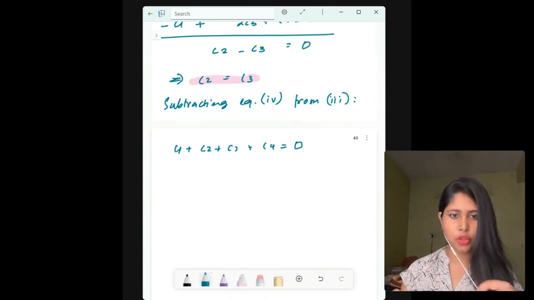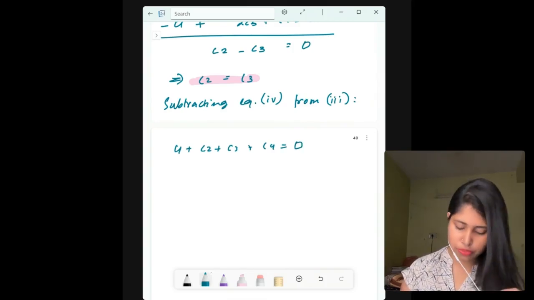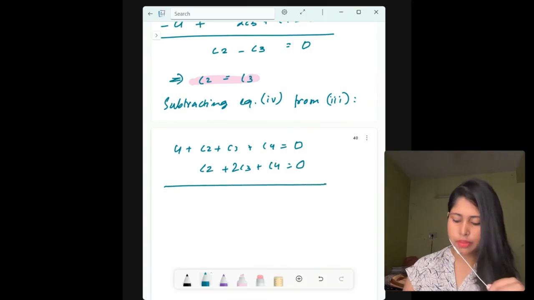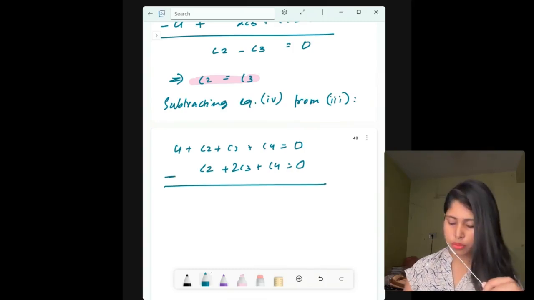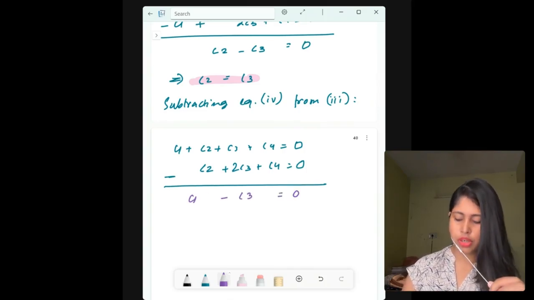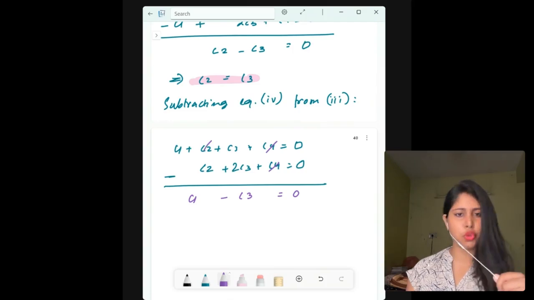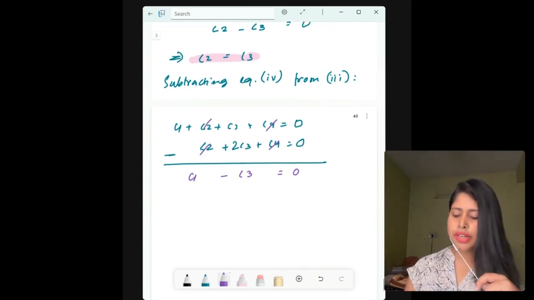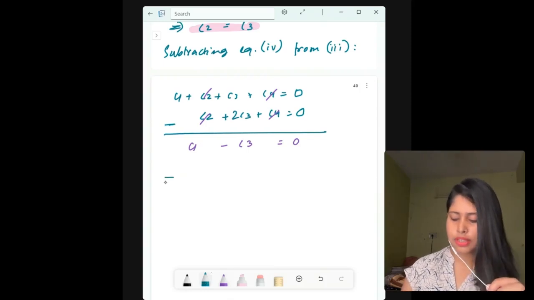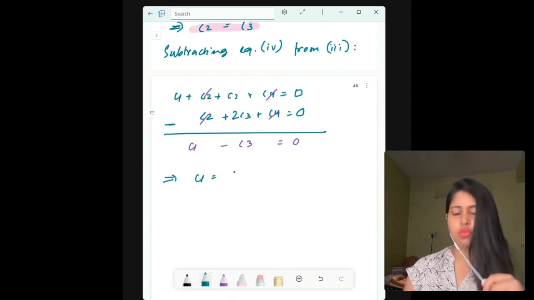And then equation number 4, which is C2 plus 2C3 plus C4 is equal to 0, and we need to subtract this. Now what do we get after subtracting? C1 remains, C1 minus C3 is equal to 0, because C4 and C4 get cancelled, and C2 and C2 get cancelled. So we get C1 minus C3 is equal to 0. From here we can say that the relation is C1 is equal to C3.